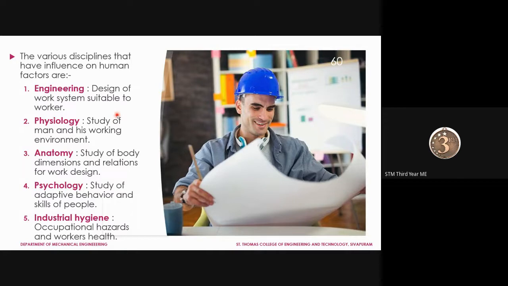Next one is physiology. So what is physiology dealing with? It deals with the study of man and his environment. So the environment is also another factor. So the person that works in an office job, he has been given some environment, right?